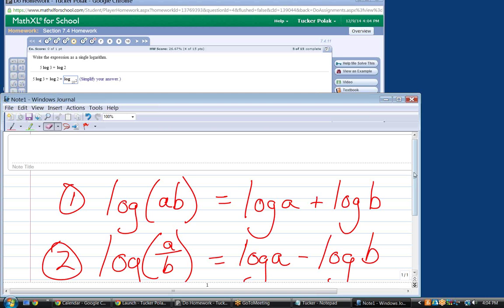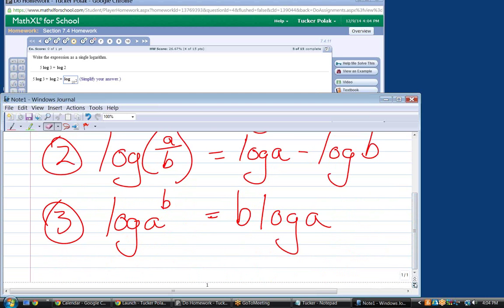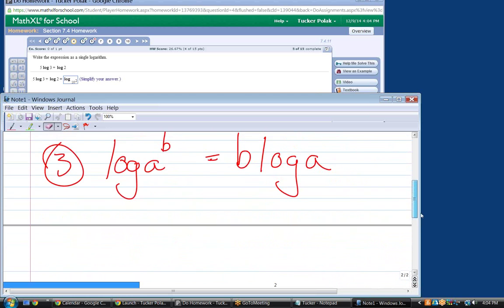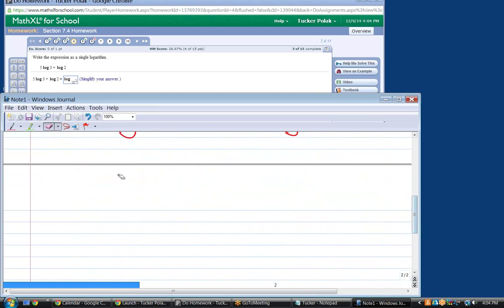All right, so this problem here, it doesn't specify a base, so we're to presume it's base 10. Just because that's what it usually is?